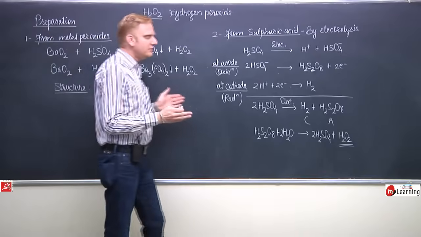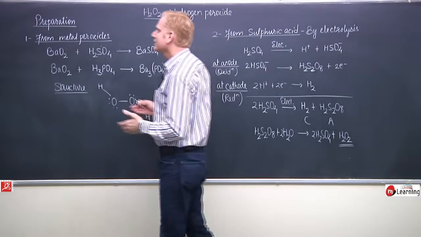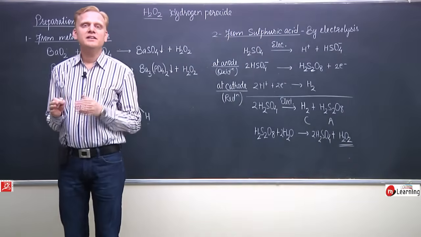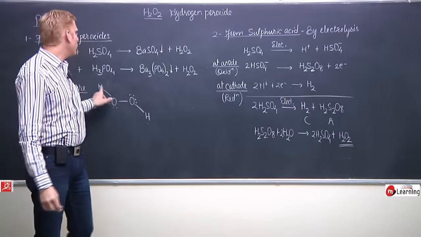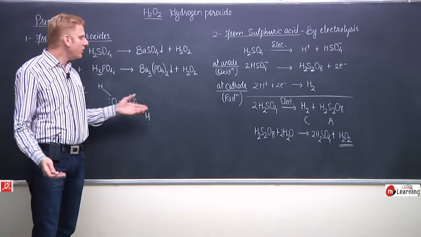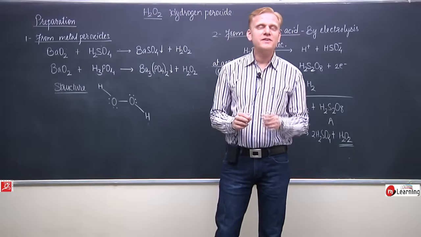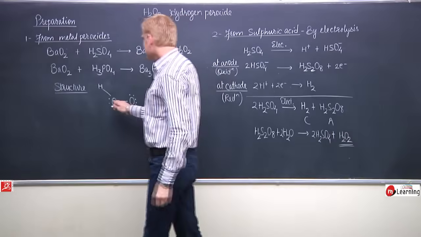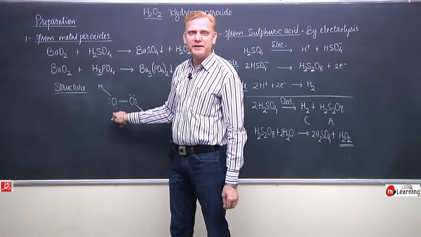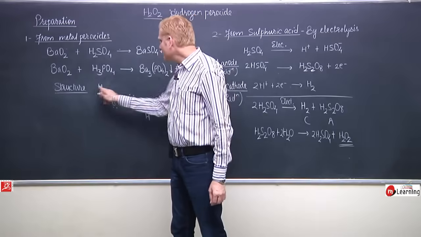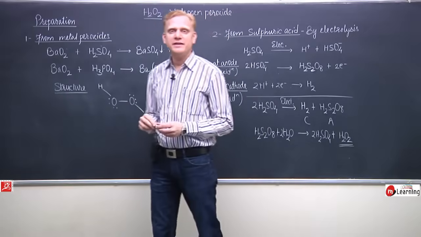These two hydrogens are placed in such a manner that the structure of hydrogen peroxide is like an open book. This is said to be an open book like structure. Now how does it appear as an open book like structure? It's very simple. Since the oxygen is sp3 hybrid and it has two unshared electron pairs, the two bonded atoms are in an angular or V-shaped arrangement.